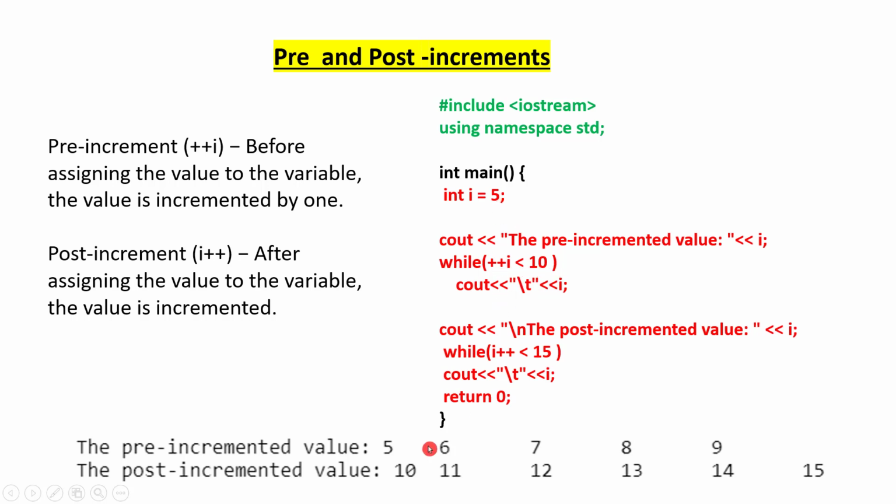So 5 is there, 6, 7, 8, 9. But when it is increased to 10 and then compared, it goes out of the loop. Then we have 9 here, and in the post increment the value is increased and then compared. So 10, 11, 12, 13, 14, and 15 will come here.